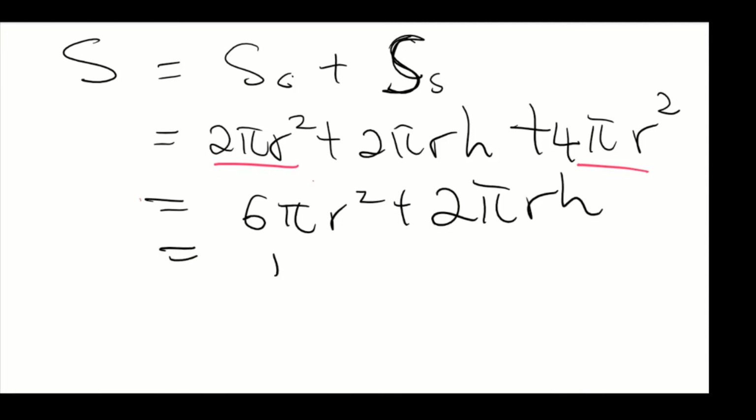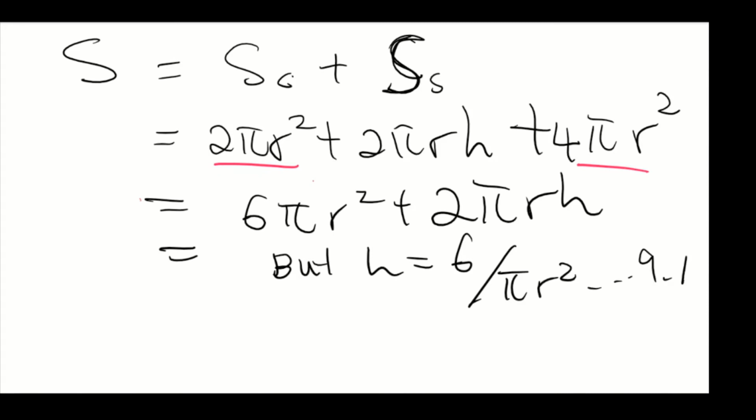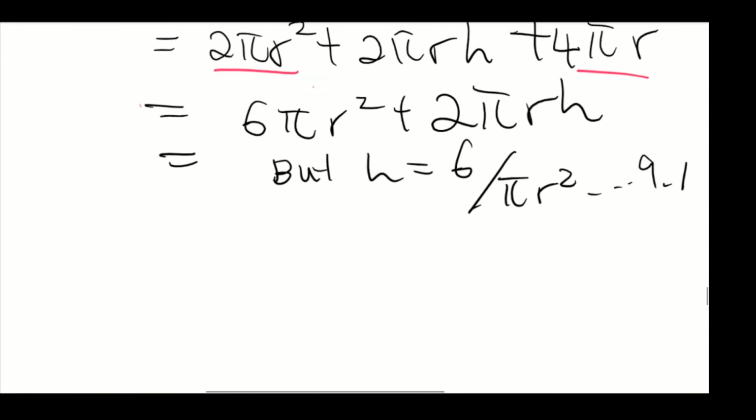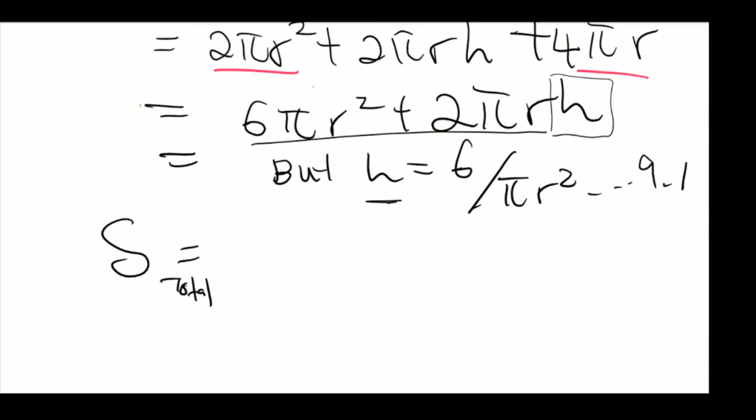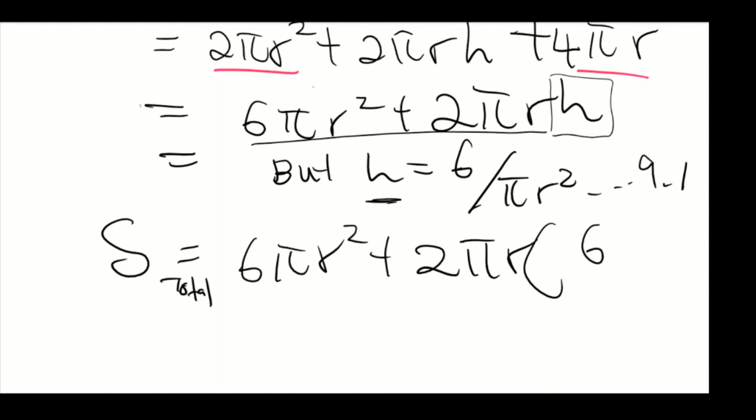Remember that h is given as 6 divided by pi r squared. This is an expression we found in 9.1. So we're going to substitute that expression. The total surface area is equal to 6 pi r squared plus 2 pi r, but where there's h, we'll put 6 over pi r squared, right?